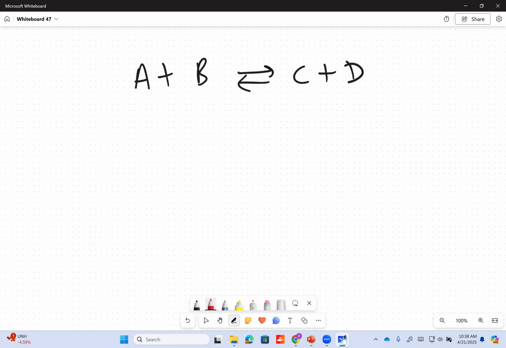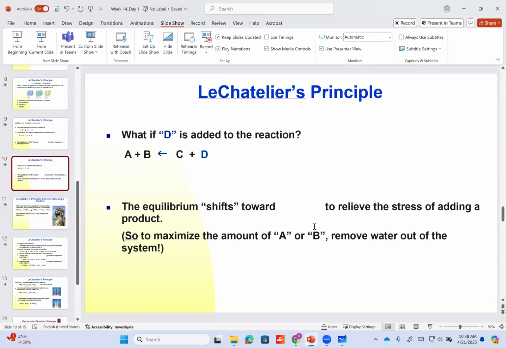Now I'm going to add more of D to the reaction vessel. When you add more D, the equilibrium will shift toward the reactants. Adding more D means you're going to form more A and B. In other words, the equilibrium shifts towards the reactants to relieve the stress of adding a product.